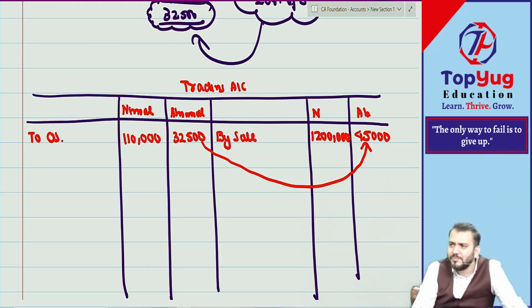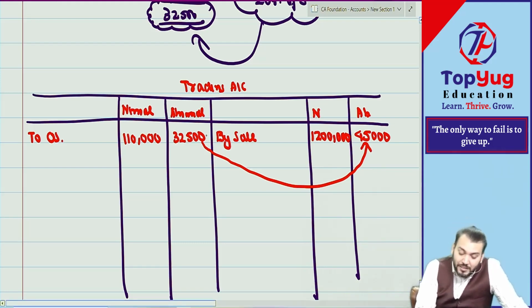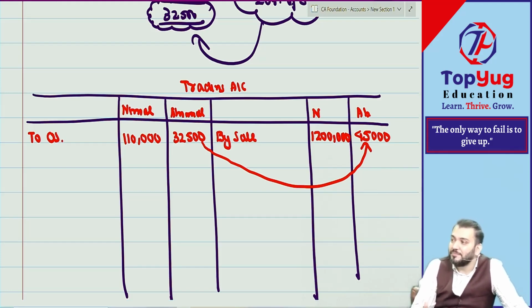Say nil. Okay, what I am saying, entire abnormal item has been sold during the year. So what is the closing stock of abnormal item? Nil. Correct. So I can write closing stock nil.